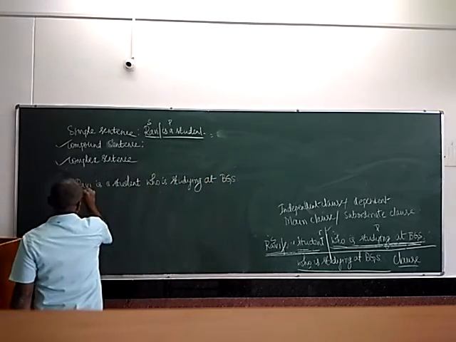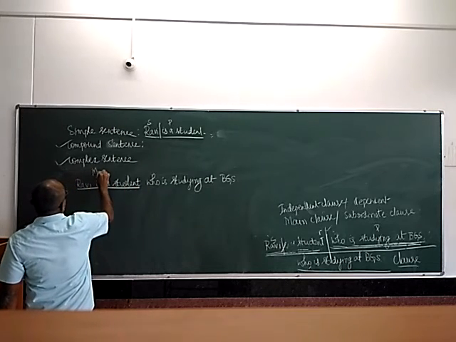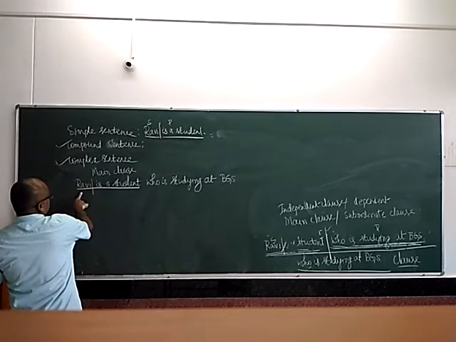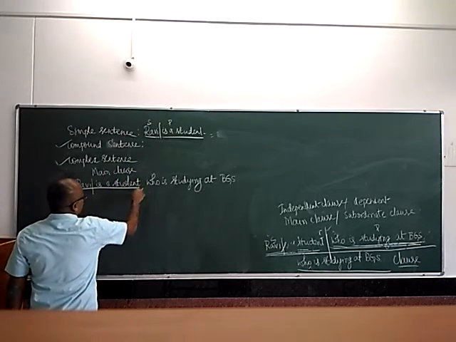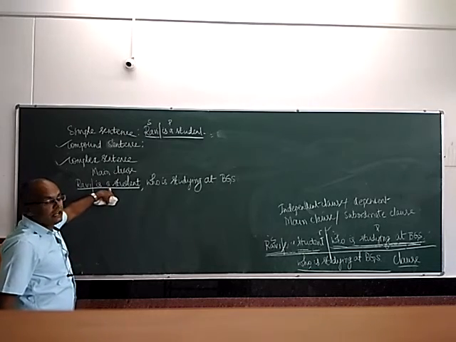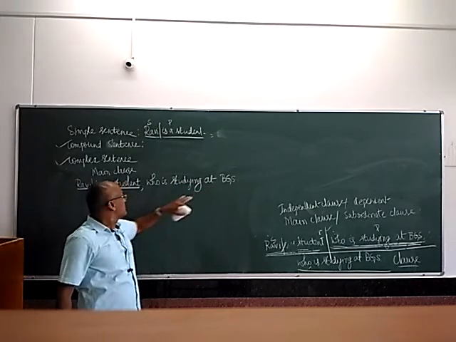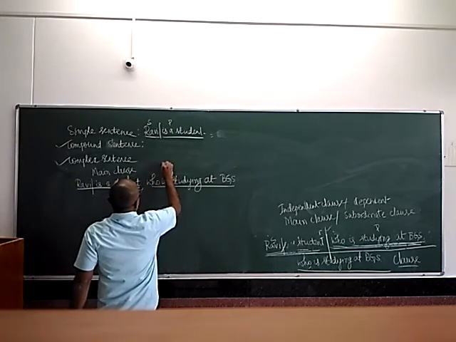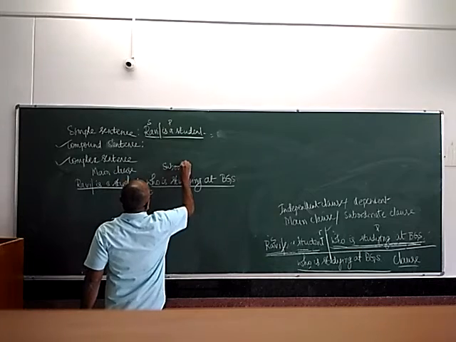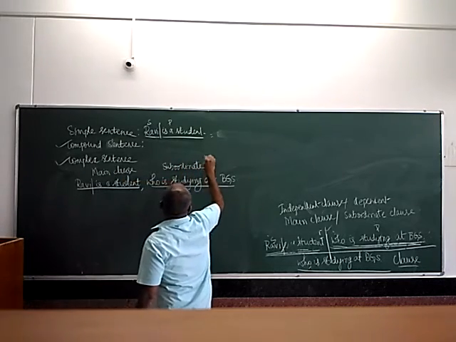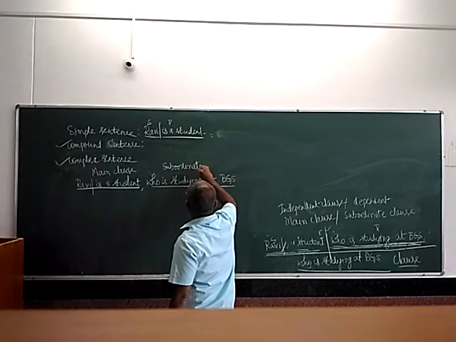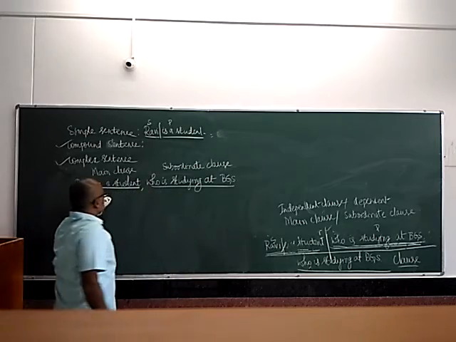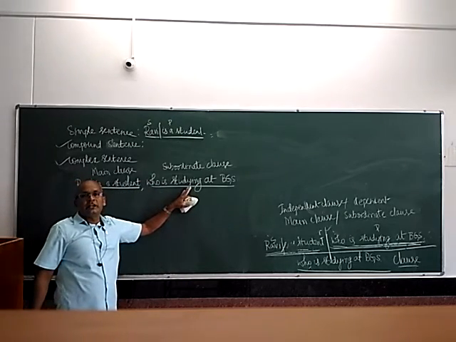If you take this sentence, this one is a main clause. Only one subject and predicate, and it can give us the meaning independently without depending on the other clause. That's why it is called a main clause. And this part is called a subordinate clause, because without this main part it cannot give us complete meaning.